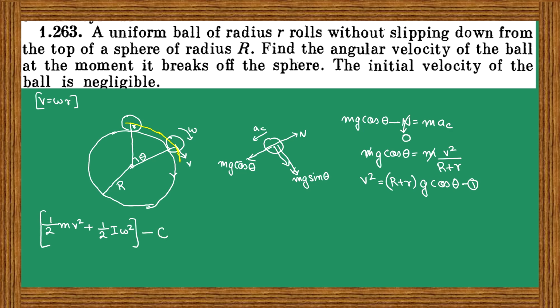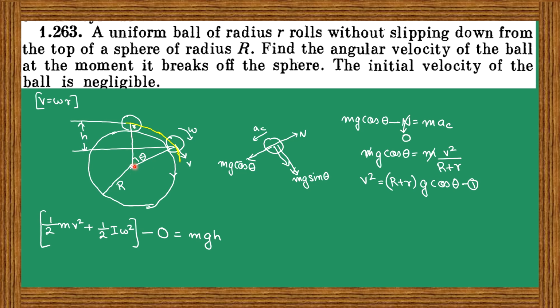What is the initial kinetic energy? Zero, equals work done by gravity, mg into h. What is the value of h? The height is this much. Now the problem is how much this height is in terms of r and capital R. If the total distance is R plus r, then this distance is (R plus r) cos theta, and the height is the total minus this.